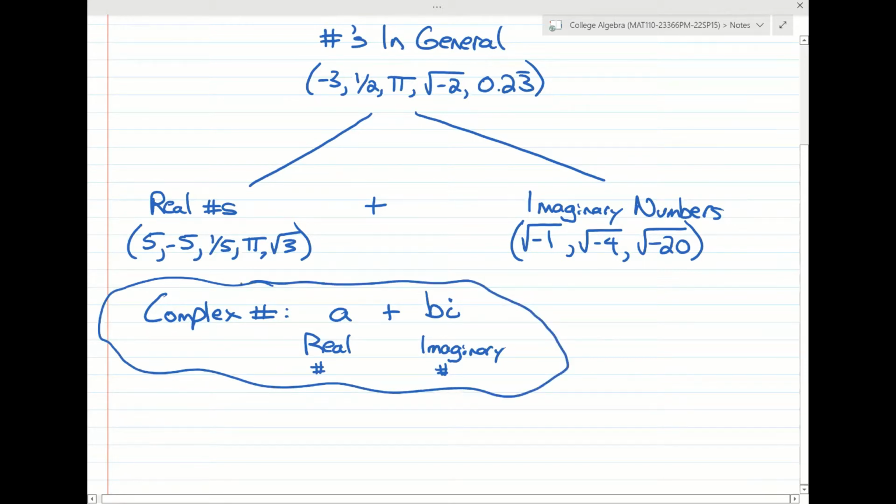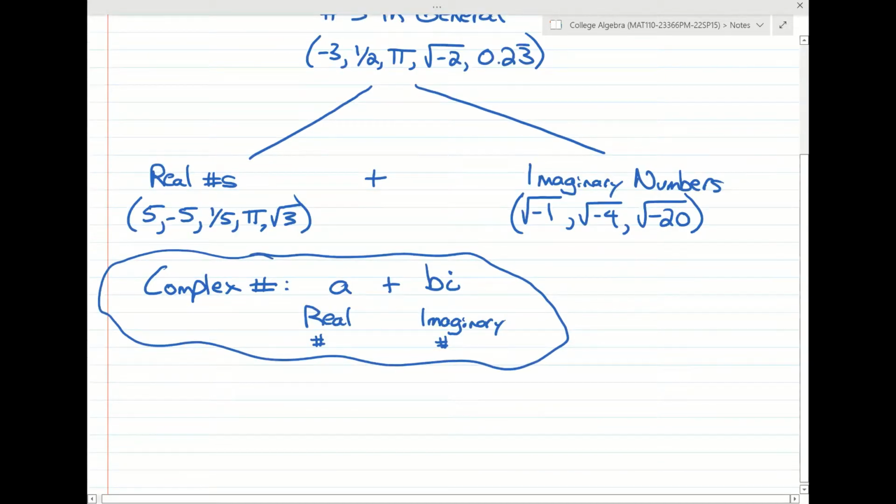Sometimes you could use the real number 0. Most of the time, any type of imaginary number is also considered complex. We're going to go through plenty of examples of this.